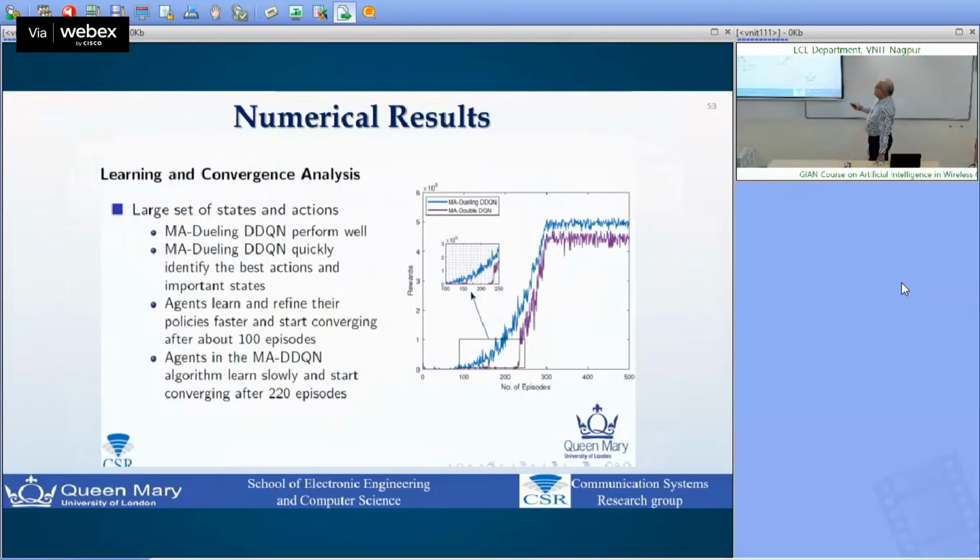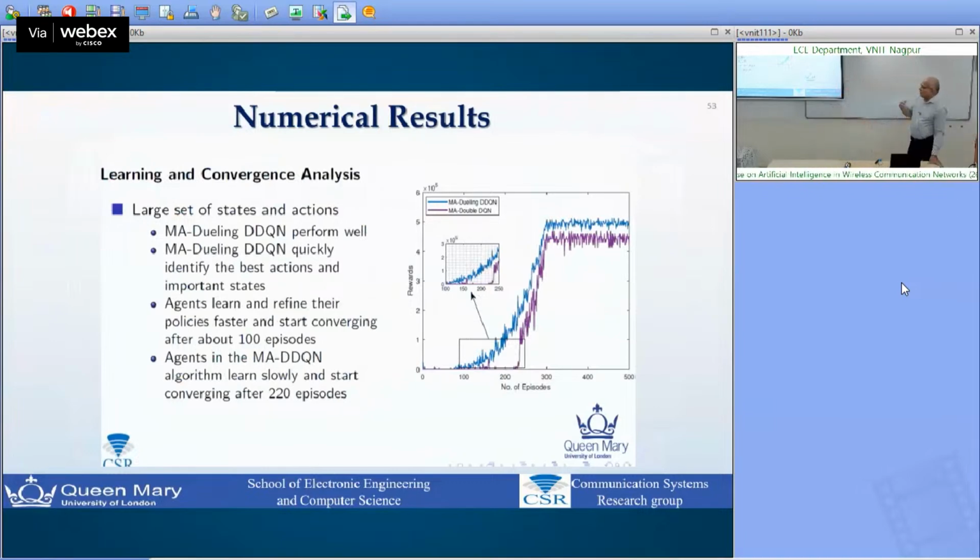With dueling, agents learn and refine their policy faster, converging after 100 episodes. Without dueling, it learns slowly and converges after 220 episodes, because dueling identifies the best actions and important states.